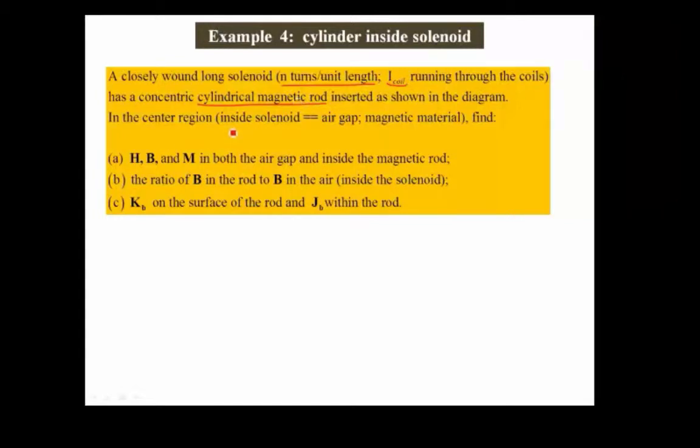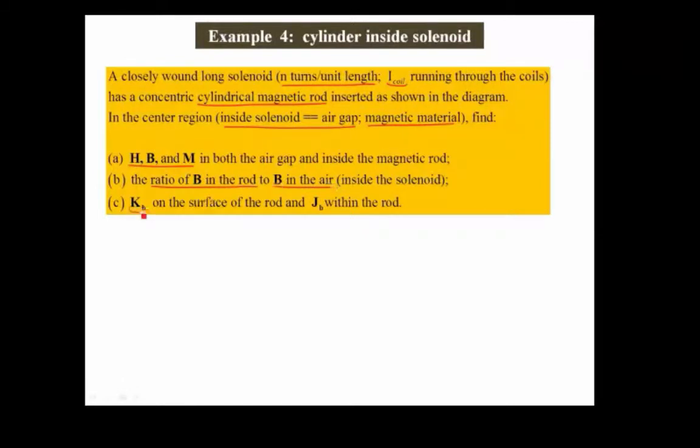So what that means is that inside the center region we're going to have an air gap and the magnetic material. And so our goal is to find the vectors H, B, and M in both the air gap and inside the magnetic rod. And some additional problems are to find the ratio of B in the rod to B in the air, so inside the solenoid.